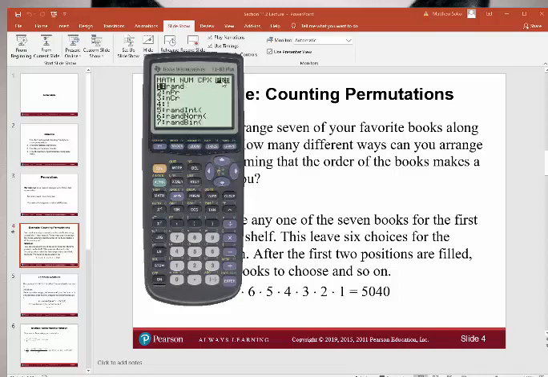If you scroll over to it, option number 4 looks like the exclamation point. So if you want to do 7 factorial, type the number first, 7, hit math, go over to PRB, go down to 4 factorial, and look, your calculator does it really quickly for you.